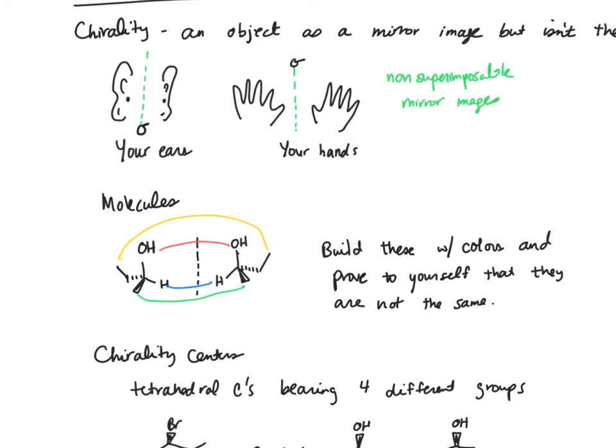If this is not something you can see, you must build these two molecules yourselves and convince yourself that this is not the same molecule. It's not reoriented differently. They are simply two different molecules. Again, they are mirror images of each other.